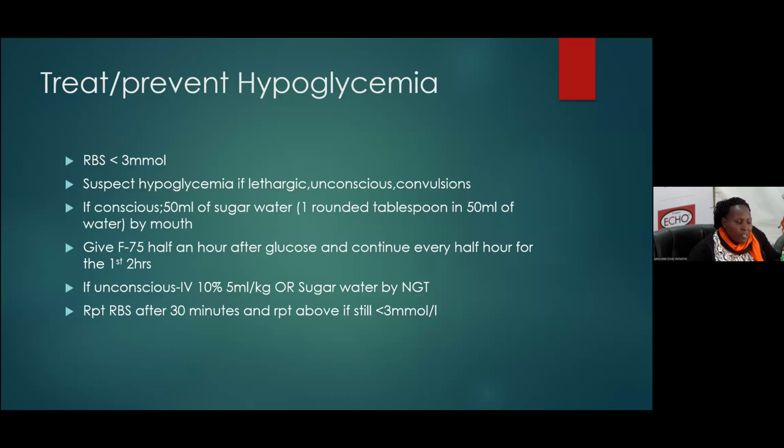In this case, you're going to define it as a random blood sugar that is less than 3 millimoles. Hypoglycemia is very preventable, very treatable, but can kill your child or even adults in a very small period of time.